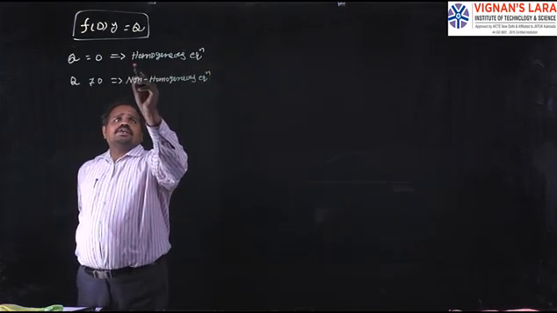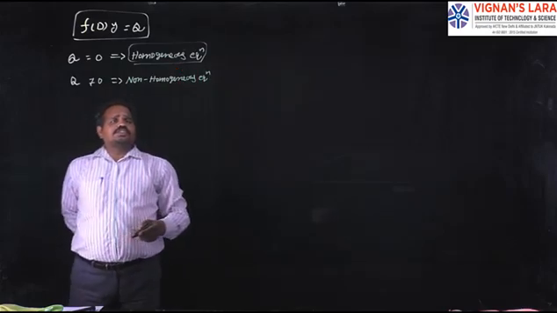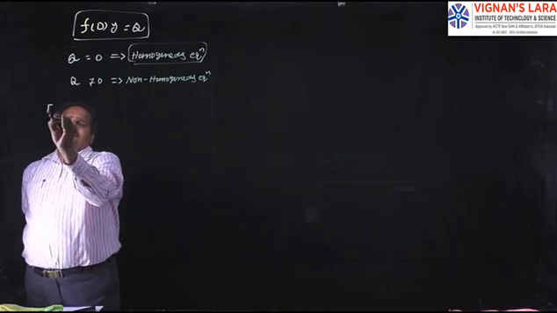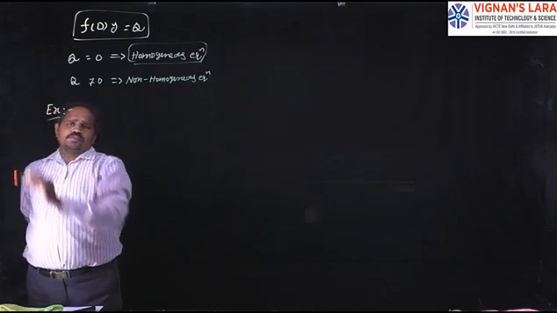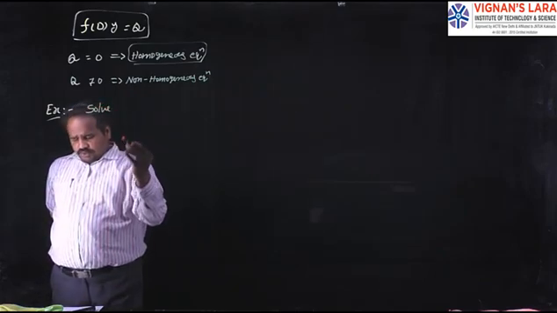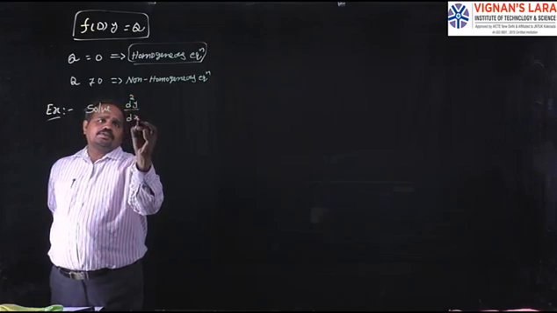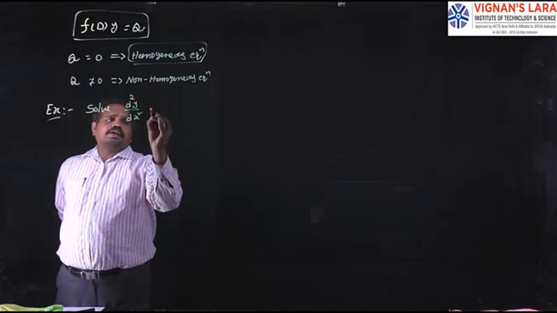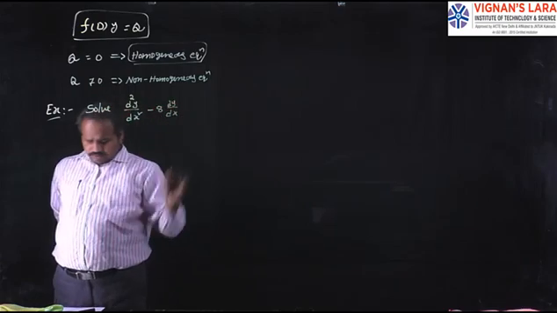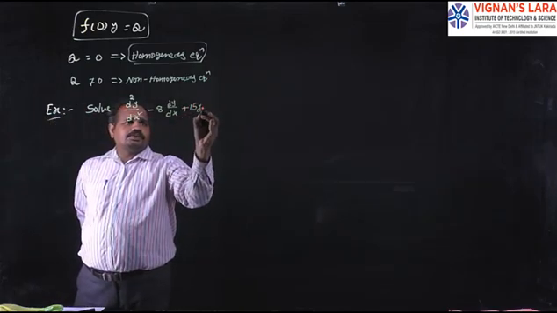Already I explained how we calculate homogeneous equation solutions. So first we are learning about that one. Example: solve d square y by dx square minus 8 dy by dx plus 15y is equal to 0.